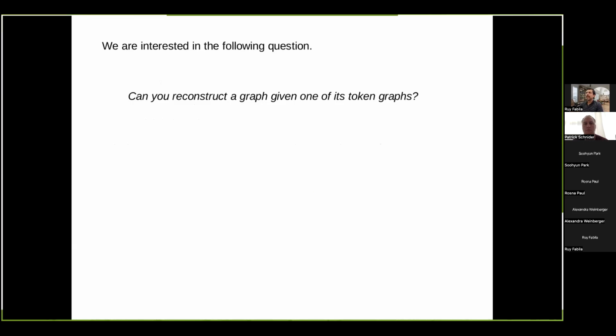Okay. Now we are interested in the following question. Suppose I give you the token graph of a graph. Can you reconstruct the original graph?